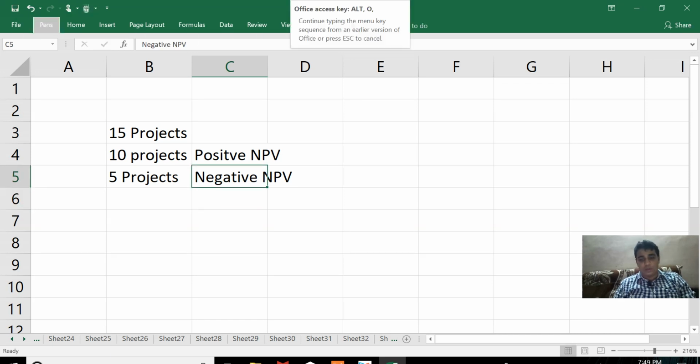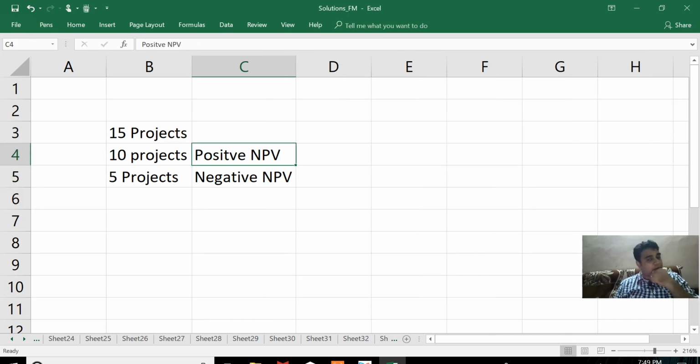As a rule, wherever there is a positive NPV I have to do that project. In case it has a negative NPV, I will have to reject the project.